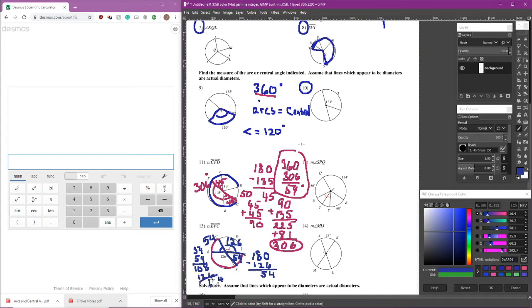And that's going to be 234. So the measure of arc EFC is 234 degrees. Okay. Very similar problems. I'm going to let you figure out number 12 on your own and number 14.